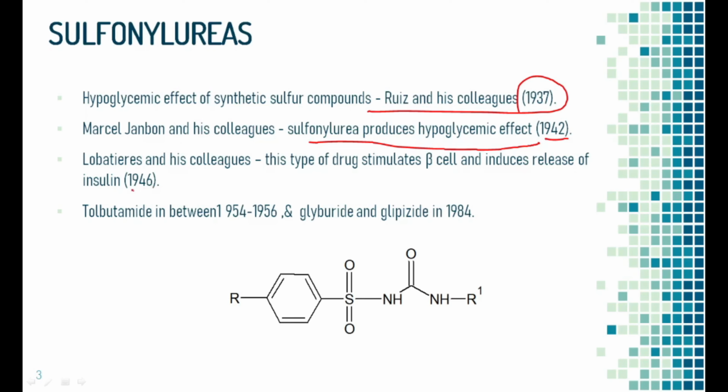In 1946 it was found that this type of drug stimulates the beta cell and induces the release of insulin. The first generation of sulfonylureas, like tolbutamide, came into the market between 1954 and 56, and then the second generation of drugs came to the market in 1984.